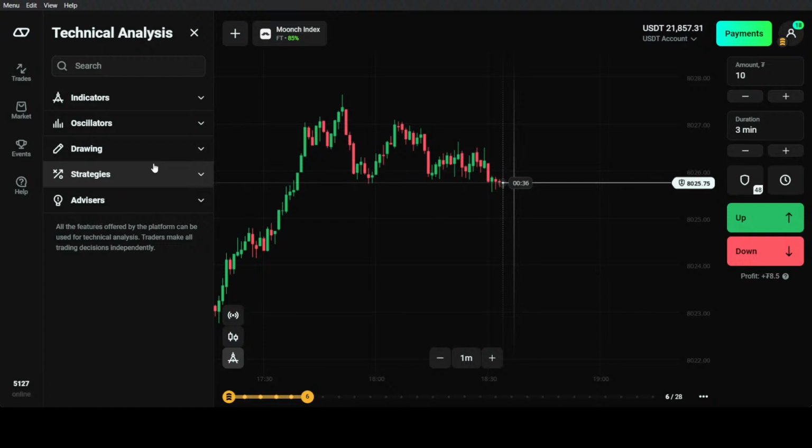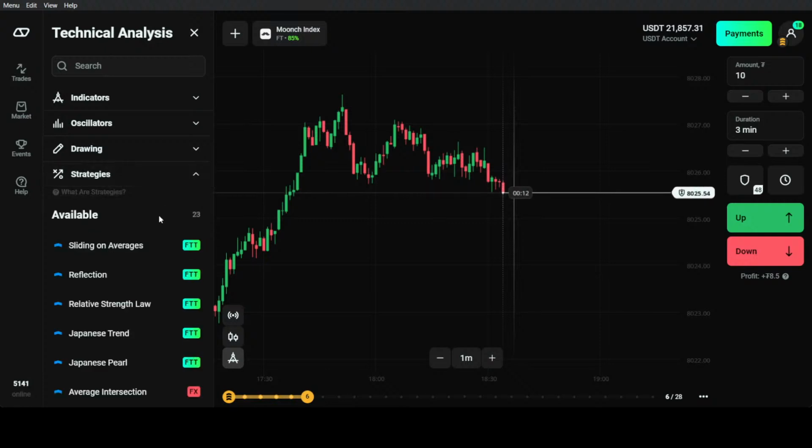So the strategies actually come with a default setting, and the signals that these strategies give are very strong. So instead of making your own strategies, instead of using one indicator, one oscillator, and then getting confused on what period to set it on, we get a ready-made strategy available. We just need to use them, learn them, and practice it, right?